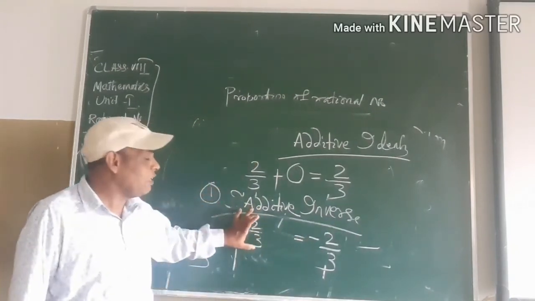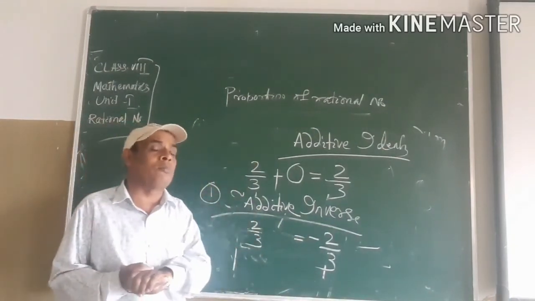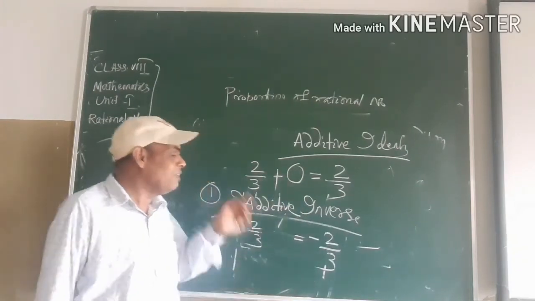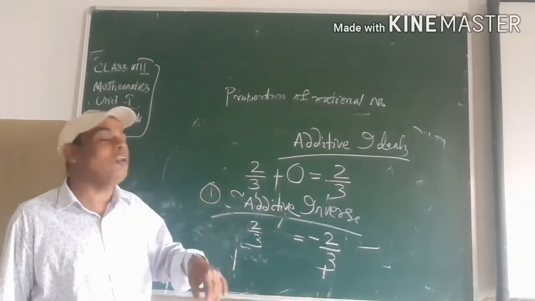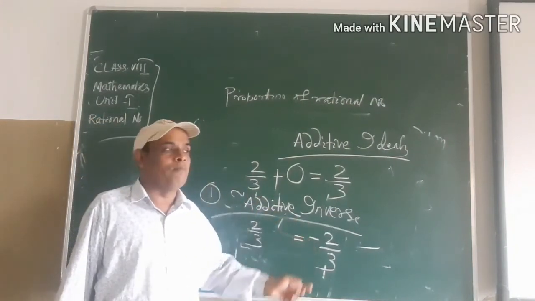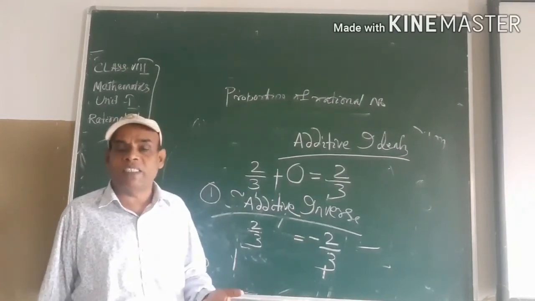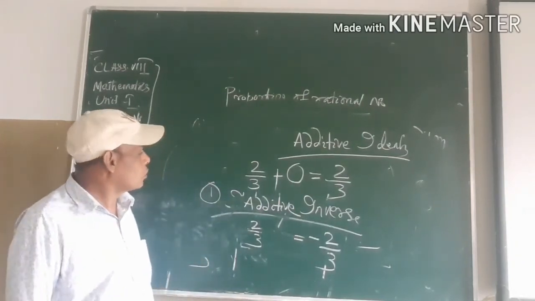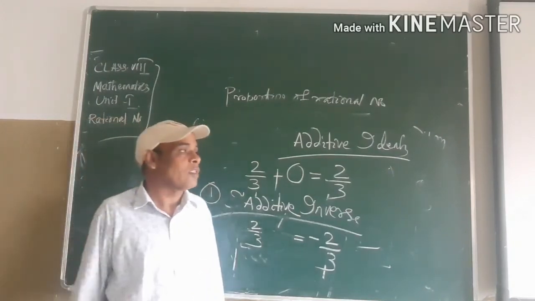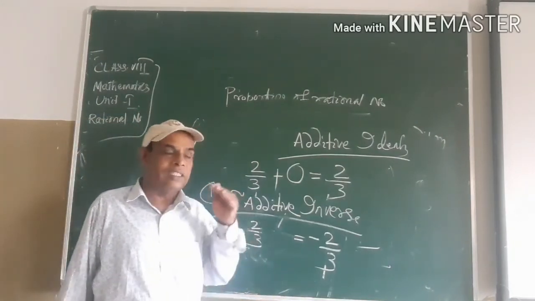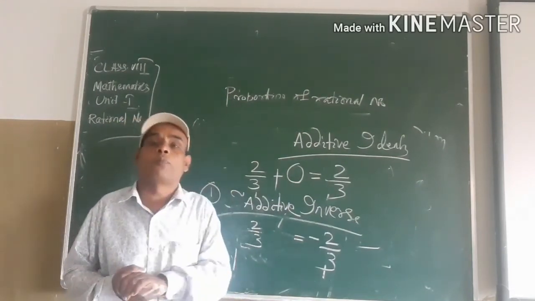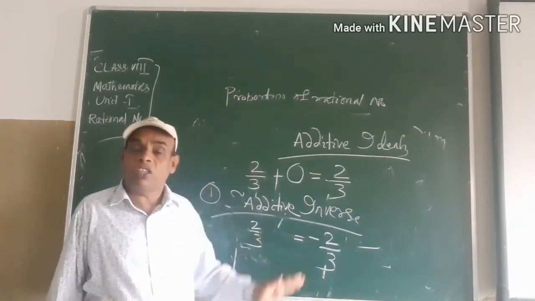So whatever rational number we take, the negative of that rational number. If 2 by 3, then minus 2 by 3. If 5 by 6, then minus 5 by 6. So this is called additive inverse.